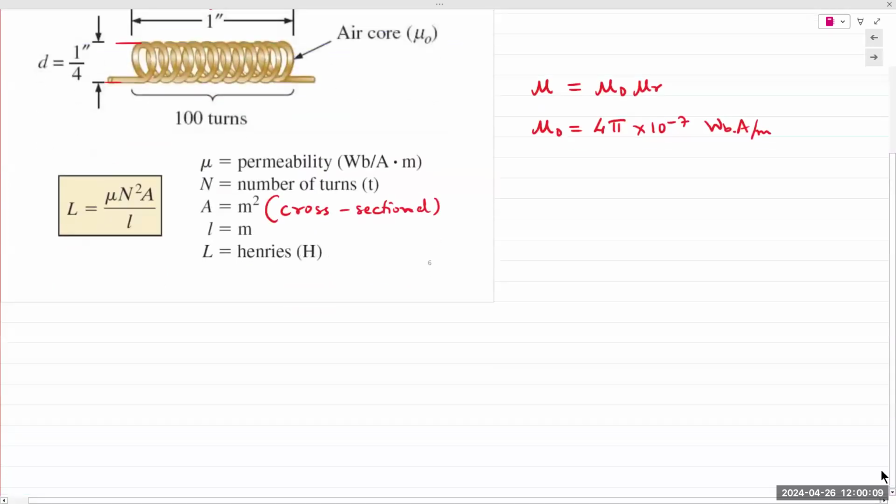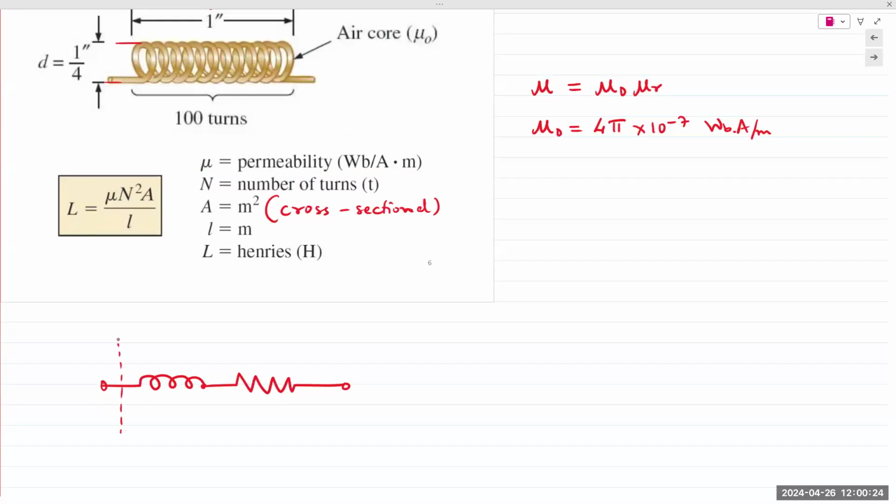This resistance is part of that coil. It's part of the material. You cannot separate it out. But mathematically and electronically, we represent it as a resistor in series with an inductor. And that's the last thing I'd like to mention for today.